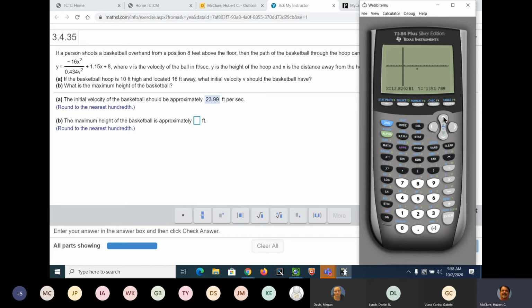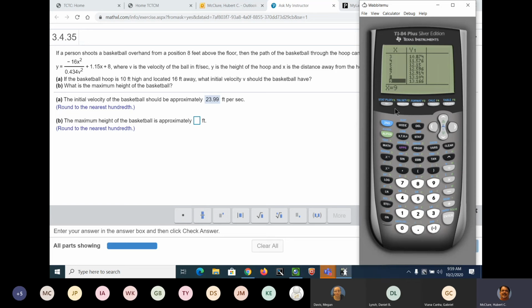Okay, now it's not showing it at all. I'm going to go to the window. Go to your window, I'm sorry. Second table. And let's see where the, we know that 8 should be the y-intercept.